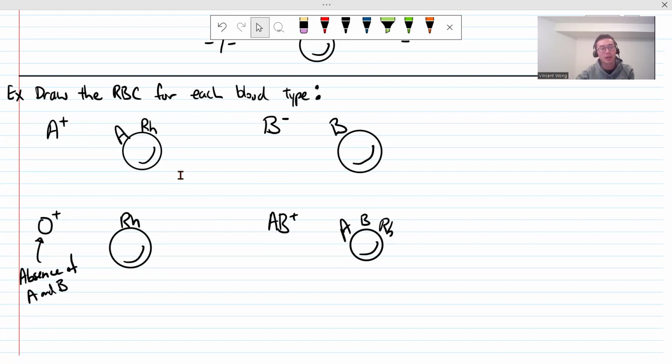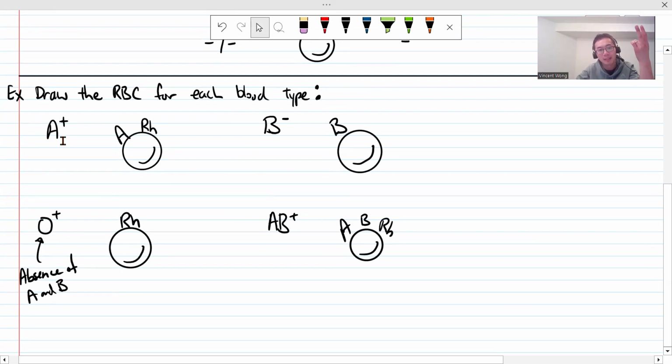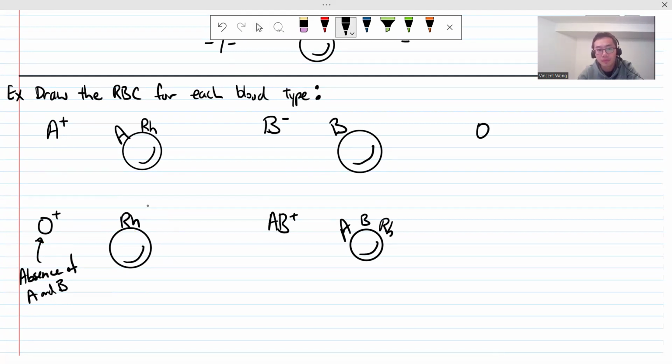But then when we say we are A positive, we are talking about two blood groups at the same time. Right? So O means no A, no B. So that's done. But then positive, what does positive mean? Positive means that there will be RH. Okay, so for example, Professor, for me it's O plus, so I have just RH. Just RH on the RBC, that's right. No A and no B.